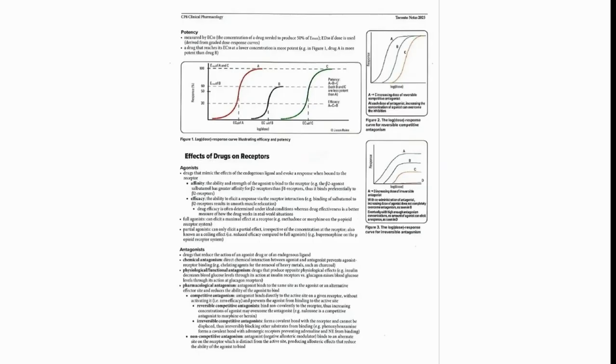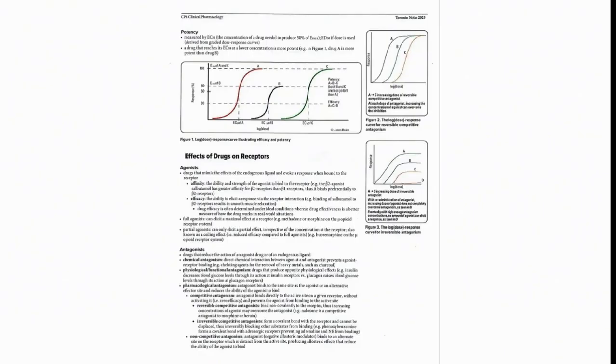Full agonists produce maximal responses, while partial agonists have a ceiling effect. Reversible competitive antagonists decrease potency but preserve efficacy because their effects can be overcome by increasing agonist concentration.